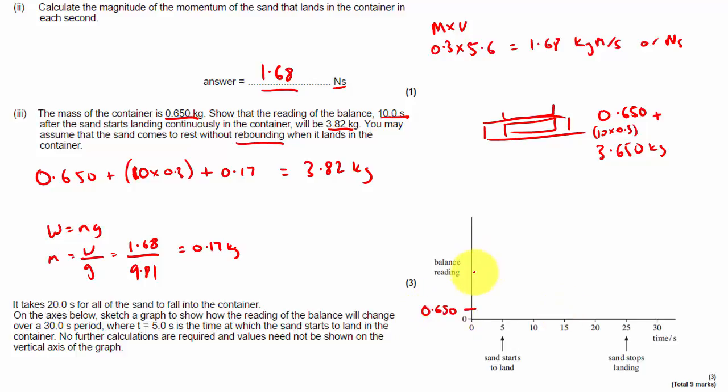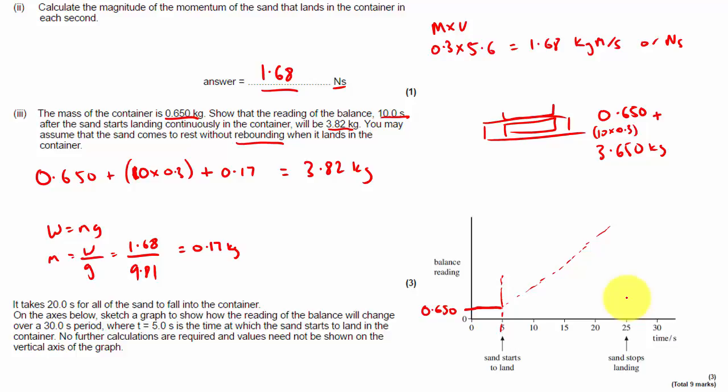So the balance starts out with the pan on it. So the balance starts out at 0.65, right? There's a reading. At 5 seconds, the sand starts to land. So just put a dotted line in here just to help me work things out. Now, the real trick to this question is you're expecting the line to go up like this, at a rate of 0.3 kilograms per second, right?